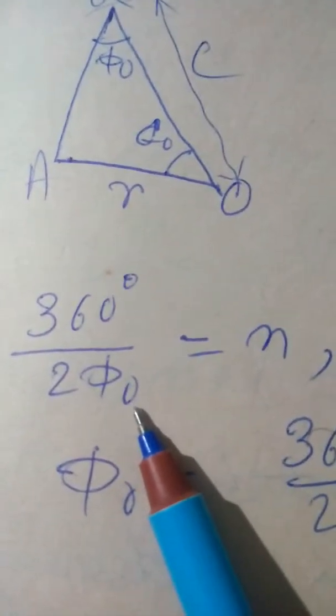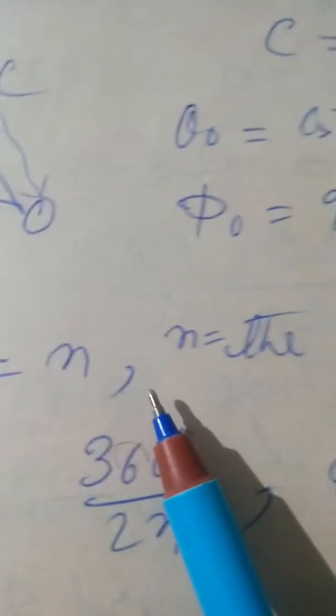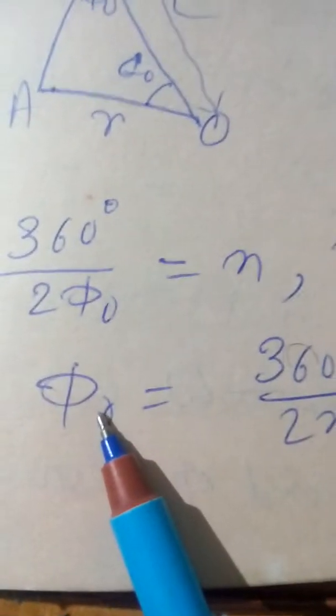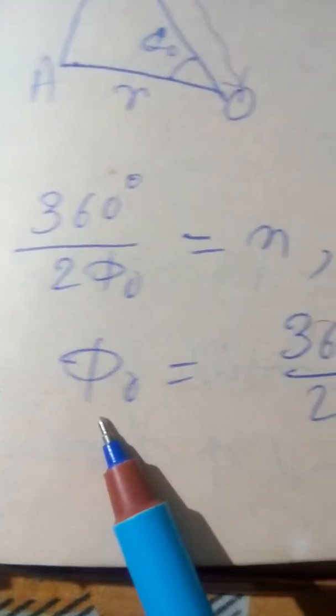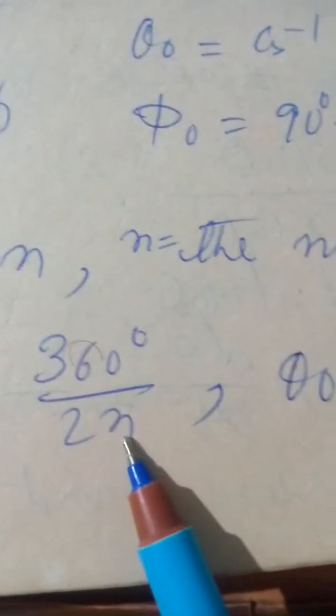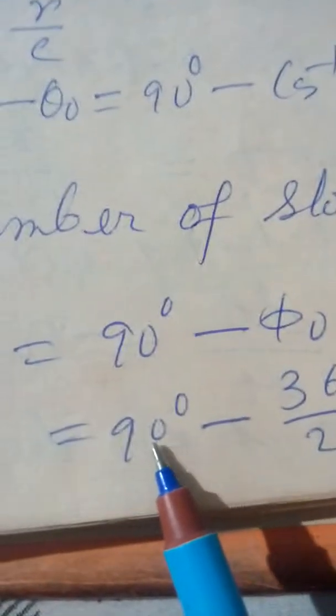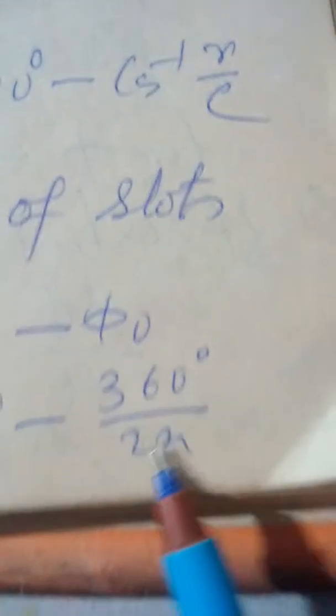360 by 2 phi naught is equal to n, n the number of slots. Phi naught is equal to 360 degree by 2n. Theta naught would be equal to 90 degree minus phi naught, so 90 degree minus 360 degree by 2n.